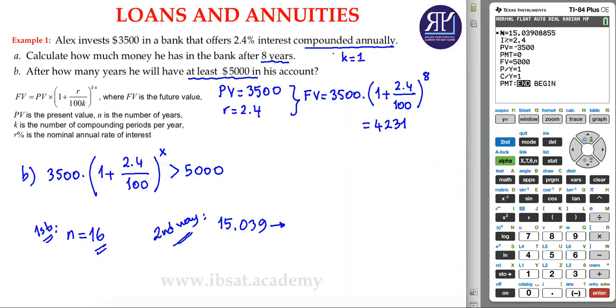It means that this answer is very close to 15, but it is not enough for us to pass 5,000 in 15 years. That's why the year which exceeds 15.039 is 16. It will be the answer.